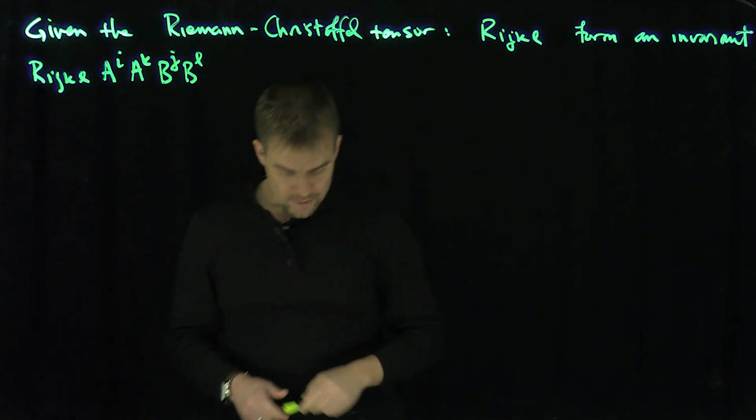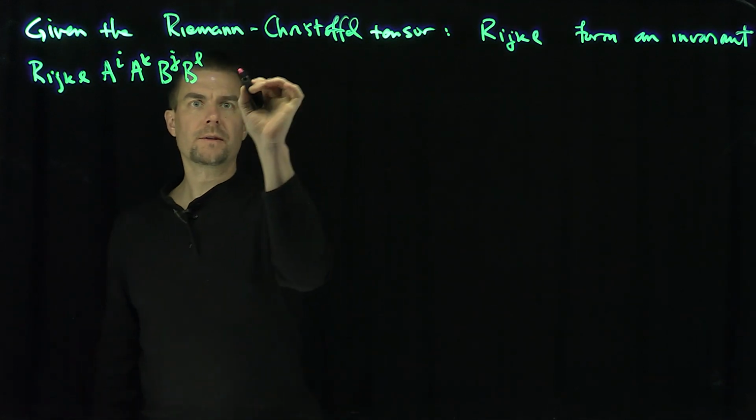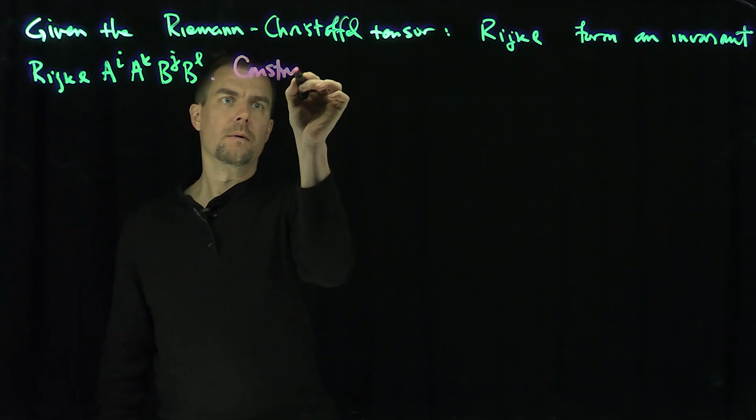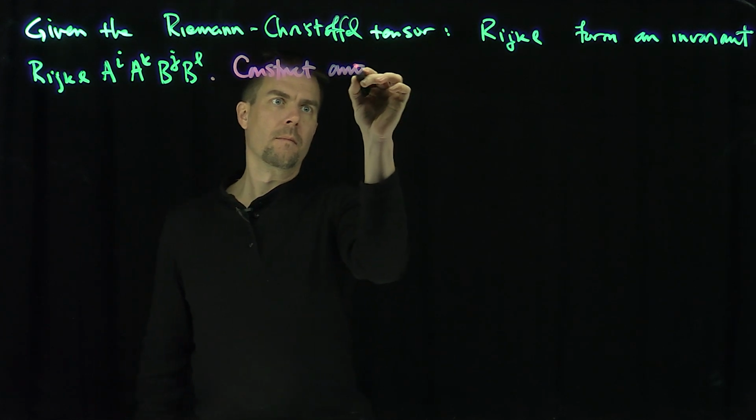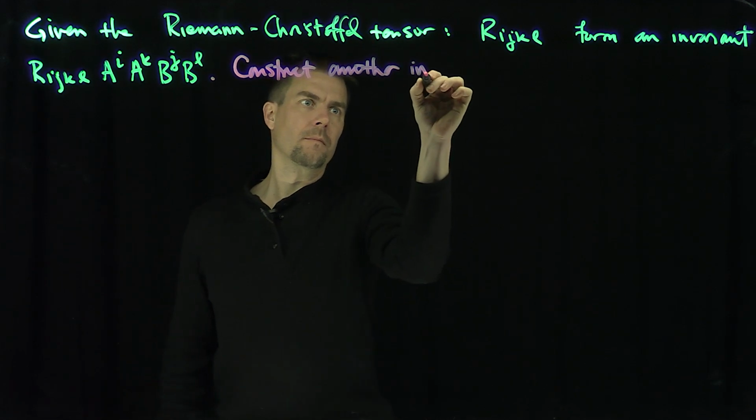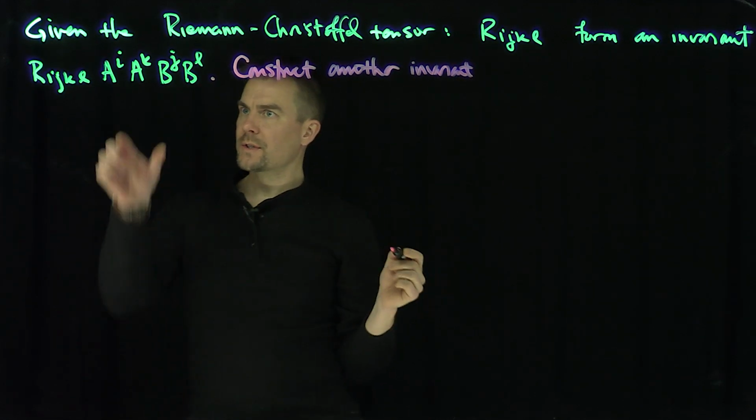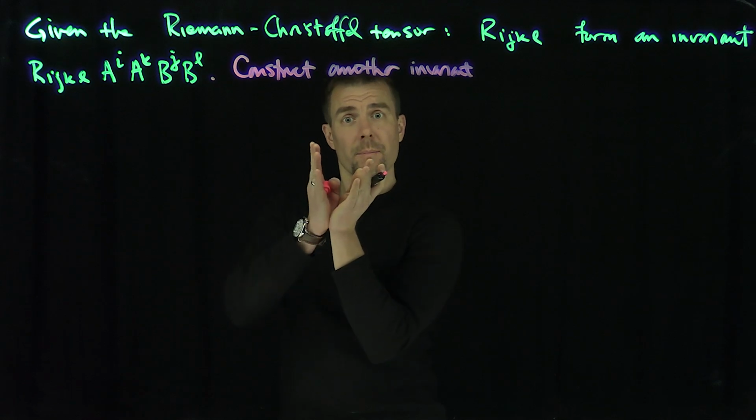And then I'll also construct another invariant. This invariant, of course, depends on these two vectors A and B, which generate a plane, basically.